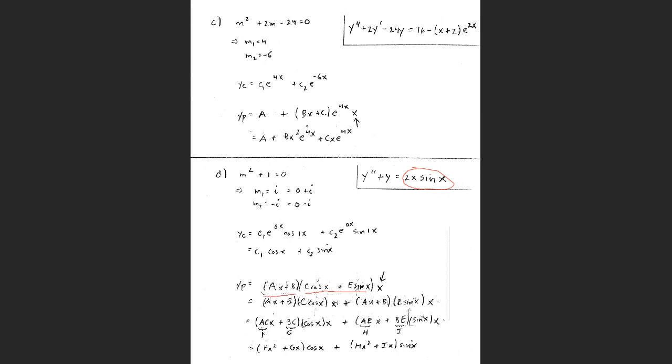But when you multiply that all out, you're going to get repeats that look like a constant times the cosine x and a constant times the sine of x. So you have to introduce an x right here.